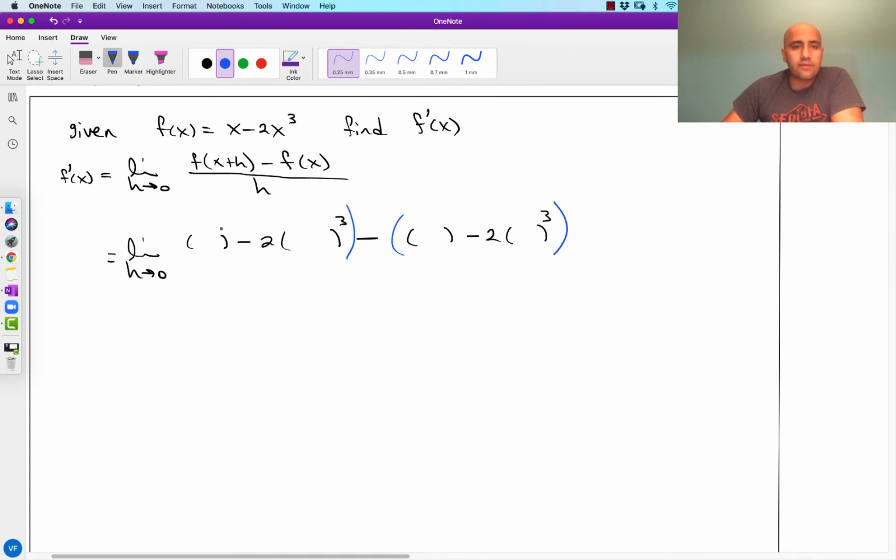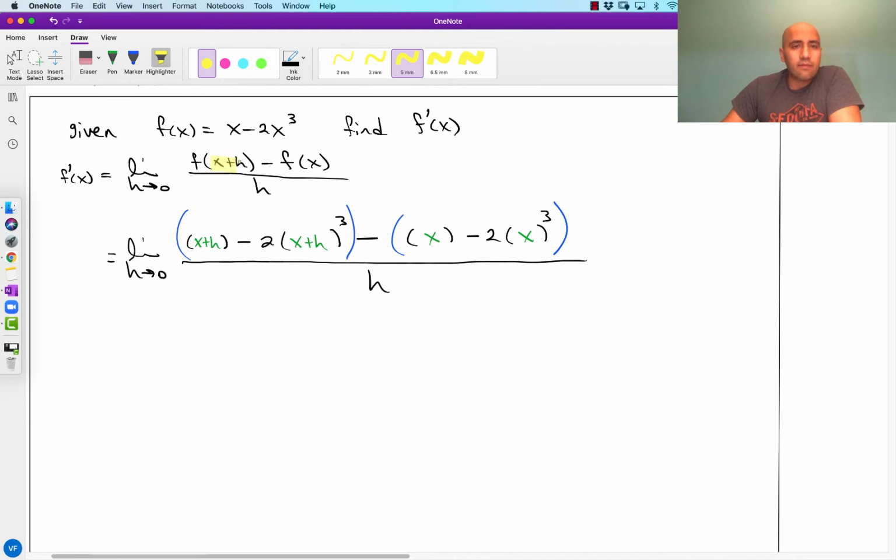So let's put parentheses around the whole thing. And then, of course, the whole thing gets divided by an h. Here we're going to put an x plus h and an x plus h there. And here we're going to put an x and an x there. So that's from this being evaluated into there. So that's how we get this and this.